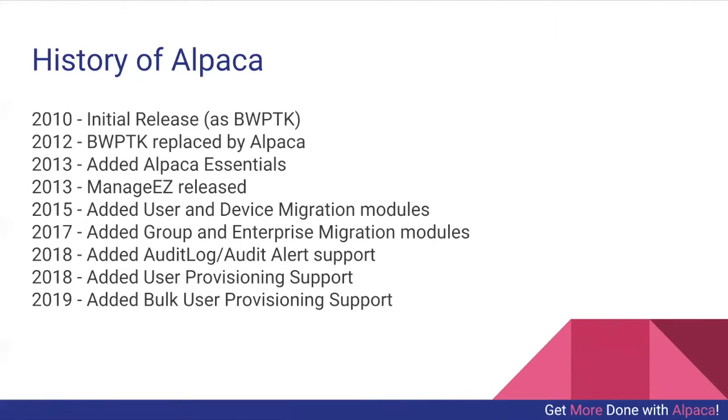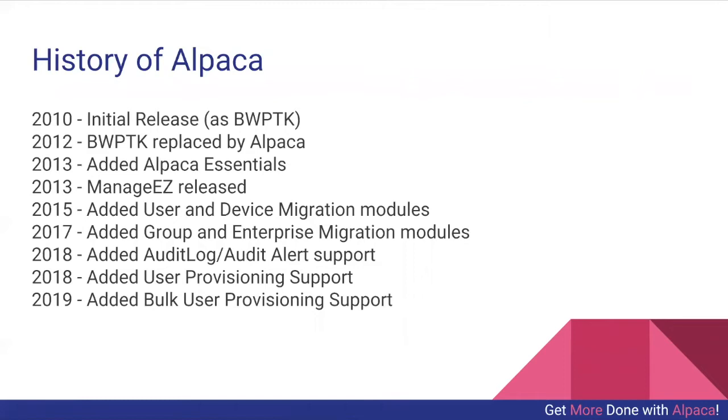So Alpaca has been a product that we've been working on at ECG for a number of years now. And I know some of the folks in this webinar have had Alpaca for a while, maybe even as far back as the original release when it was called BWPTK.